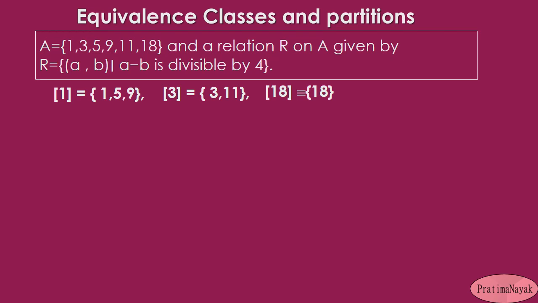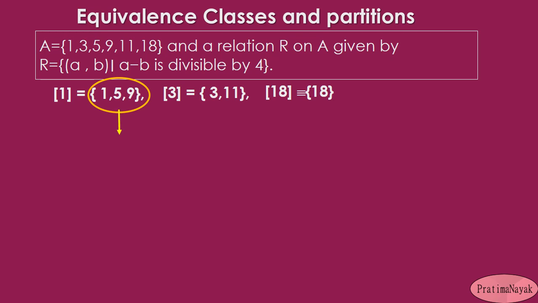So we mentioned 3 disjoint equivalence classes. Now we'll go for partitions. The equivalence class of 1 is the set containing 1, 5, 9.